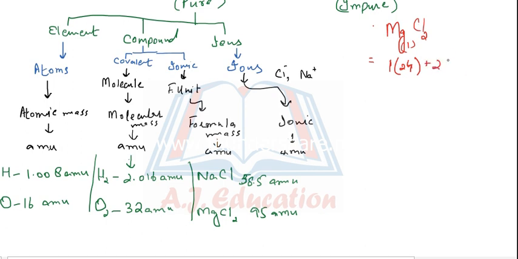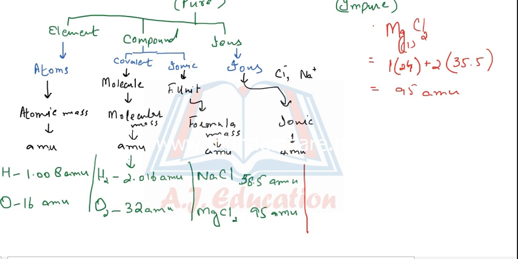We have 2 chlorine atoms here, and the mass of an individual chlorine atom is 35.5. If we sum all these, it comes out to be 95 AMU. So this is the mass of magnesium chloride, which is an ionic compound. So this mass is the formula mass of magnesium chloride.